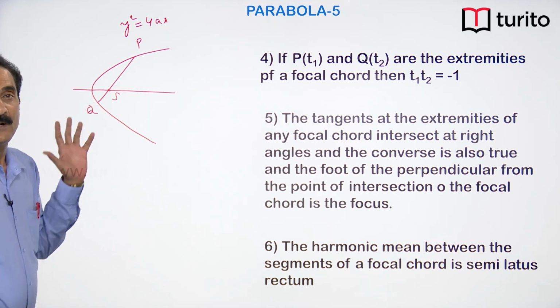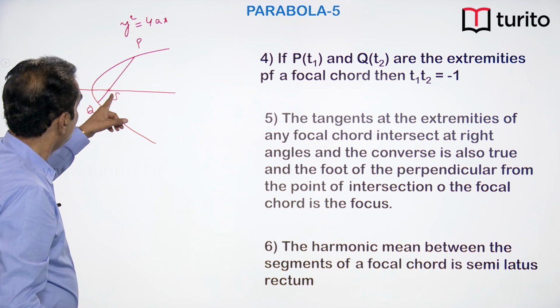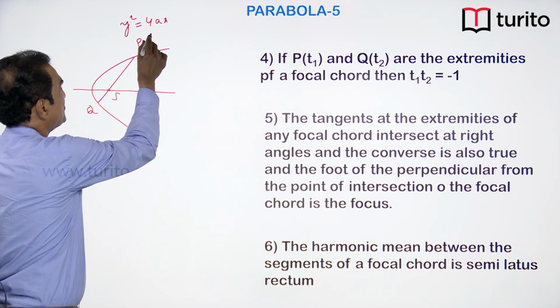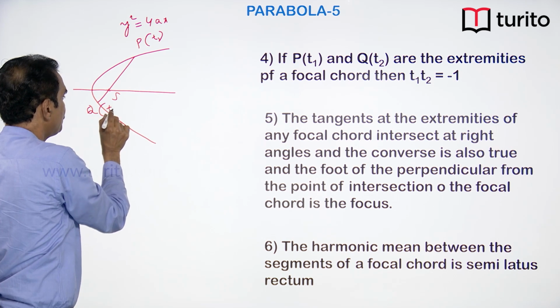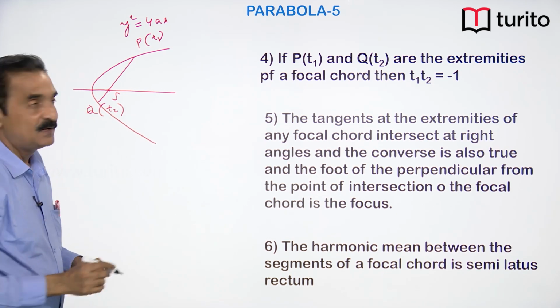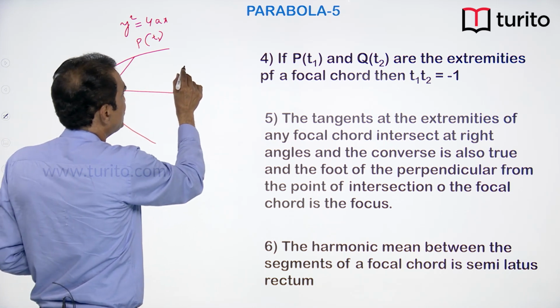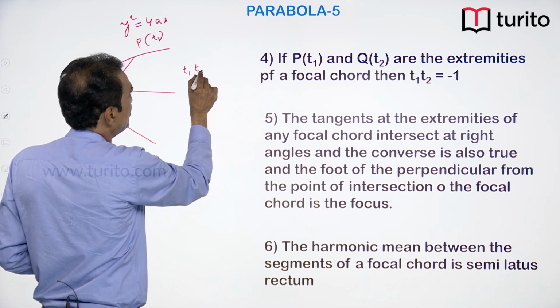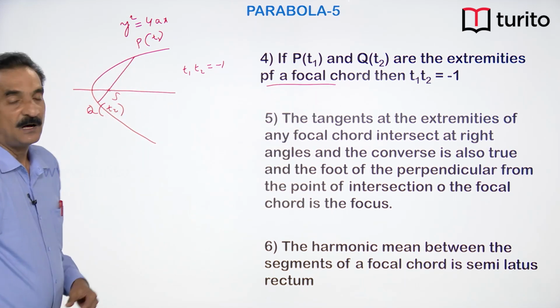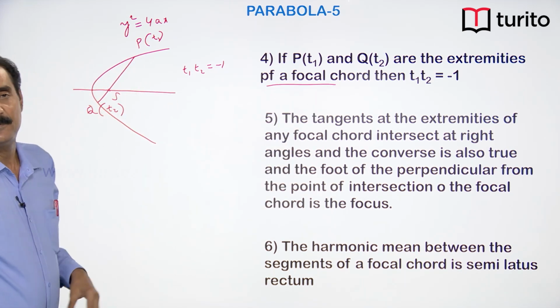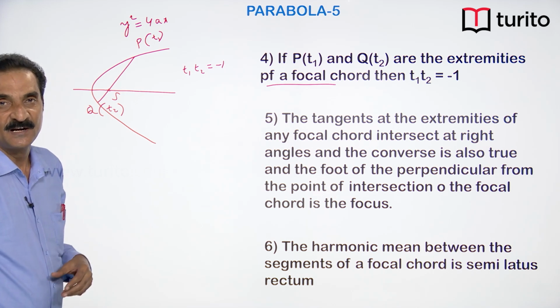Okay. Now, if you take this point as P(t1), this point as Q(t2), what is the condition? If P and Q are ends of the focal chord, t1 t2 = -1. Now, the harmonic mean between the segments of the focal chord is the semi-latus rectum.